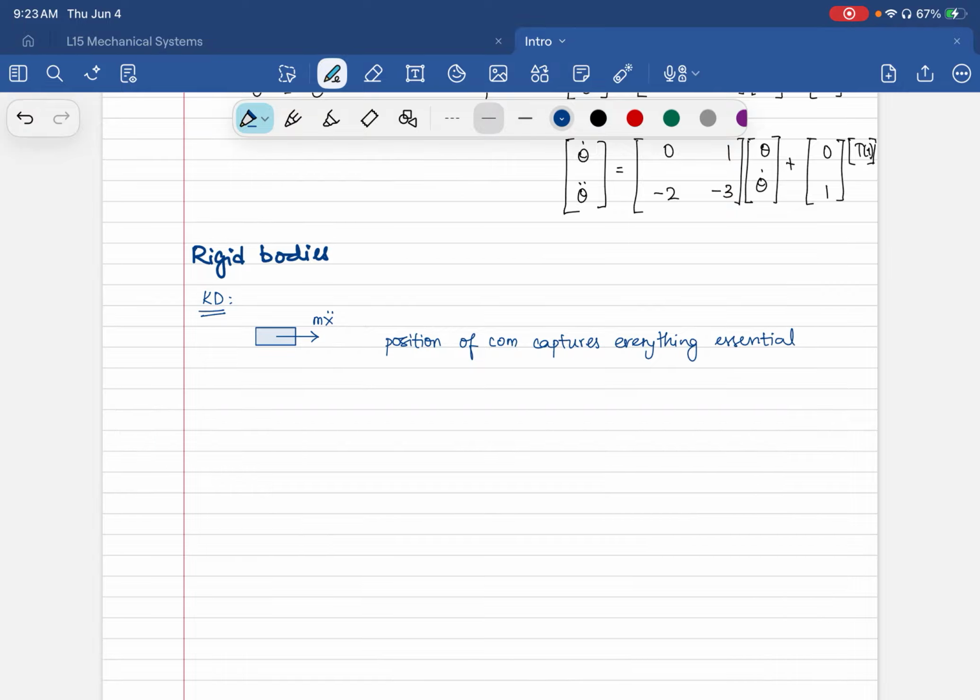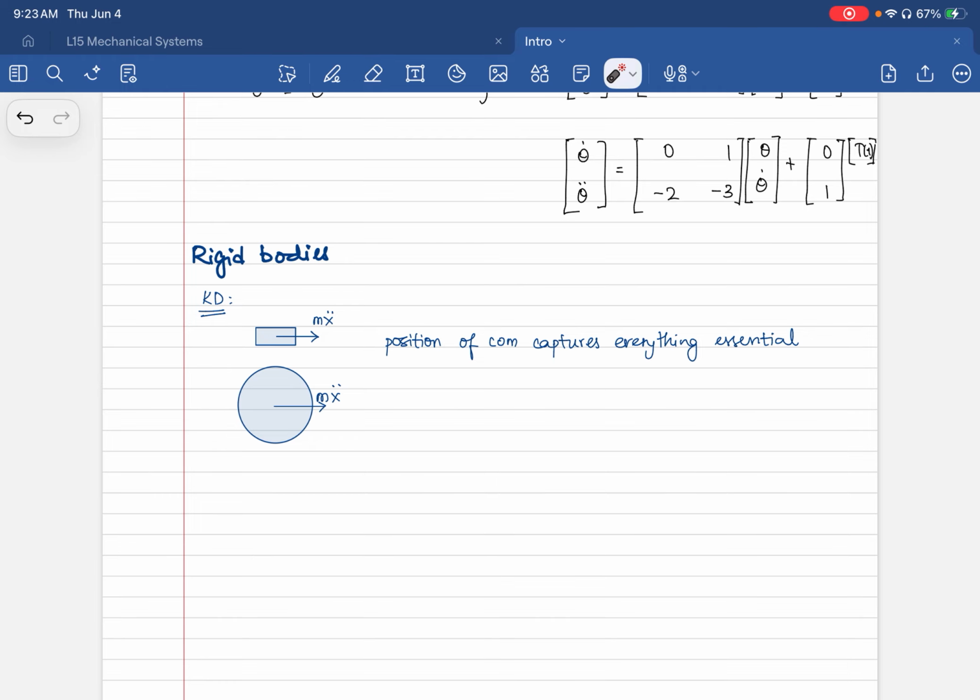When you move to rigid bodies, which are now not just particles, you have to then account for the rotational inertia as well. So never forget there is an inertial force that's coming in due to the motion of your center of mass. So there is your mx double dot. But now the rotational inertia also has to be accounted for.